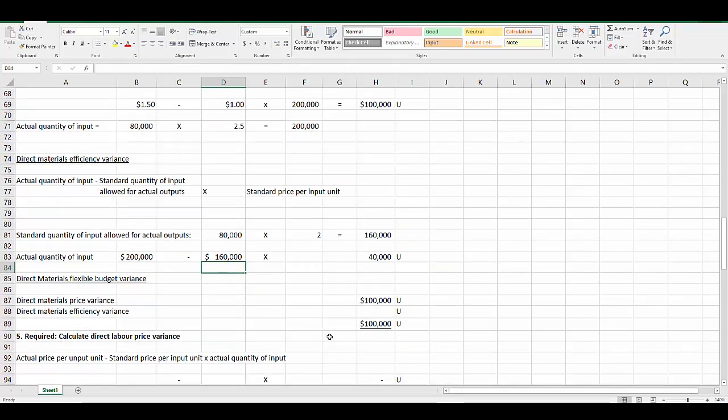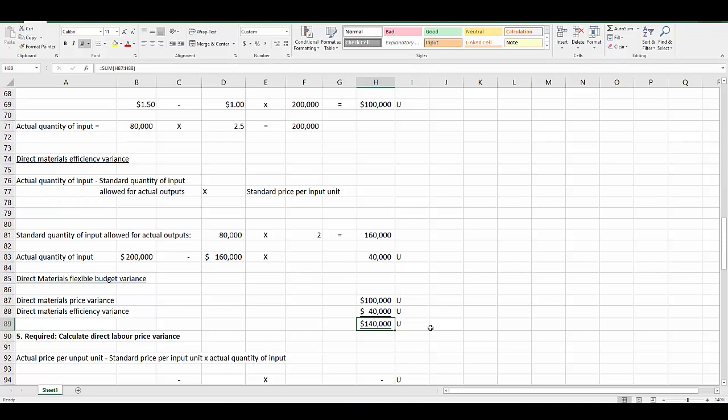So our price variance was 100,000, and our efficiency variance 40,000. We'll enter that in here. So our total variance for direct materials, so our total direct materials cost us 140,000 more than it should have.